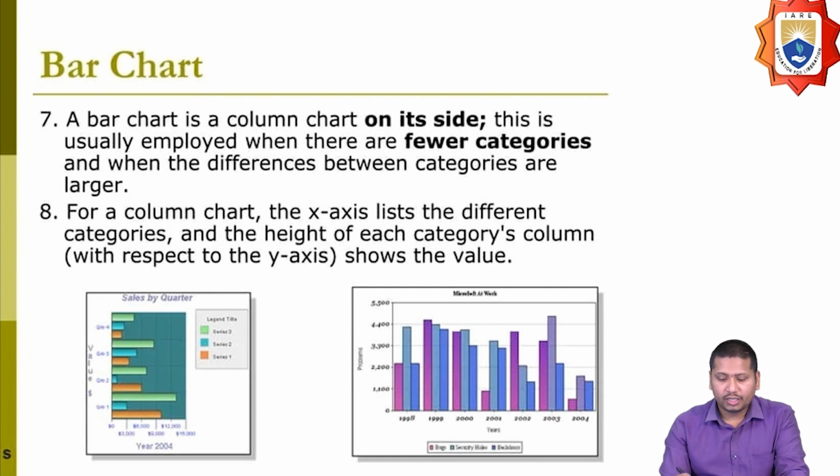Sometimes I can also show it as the x-axis. If you look at this, the sales by quarter: the number of sales of a particular item, and the number of sales of another item, and another item. The same thing can also be represented in the vertical form.